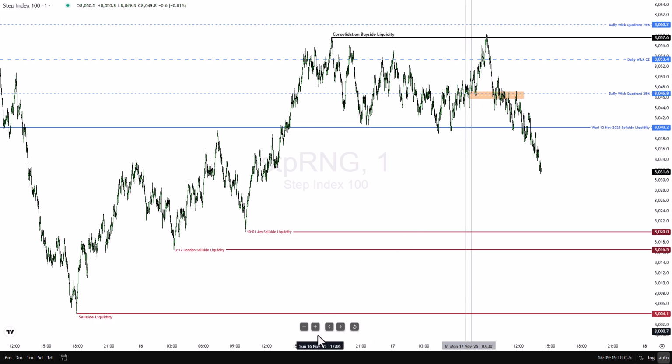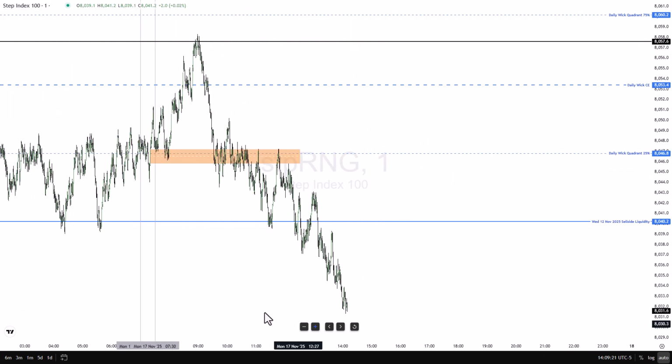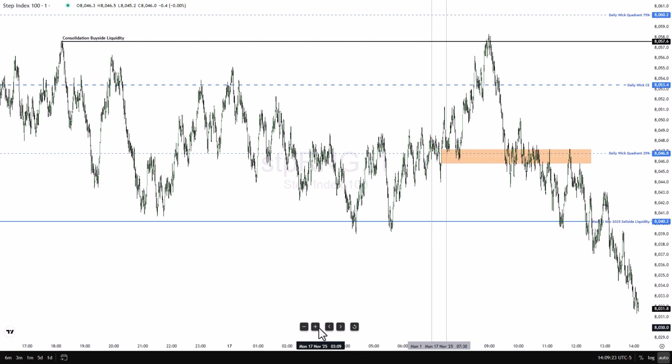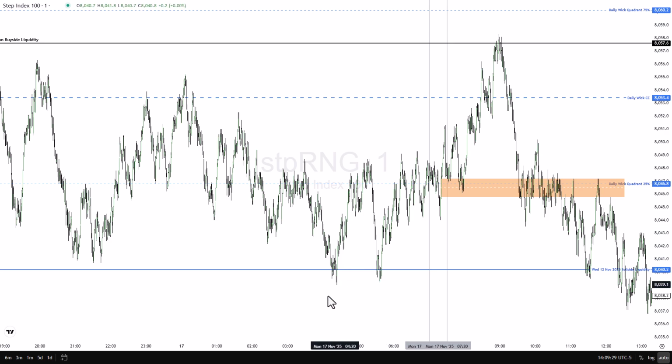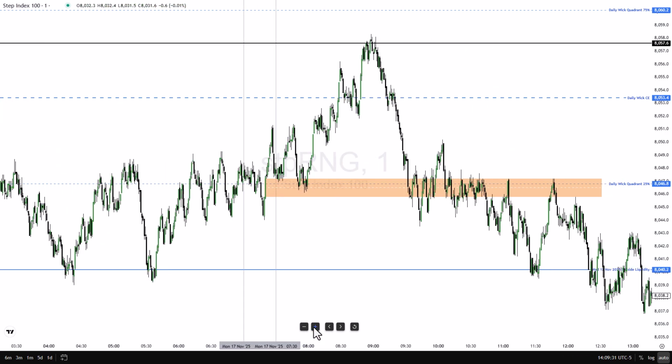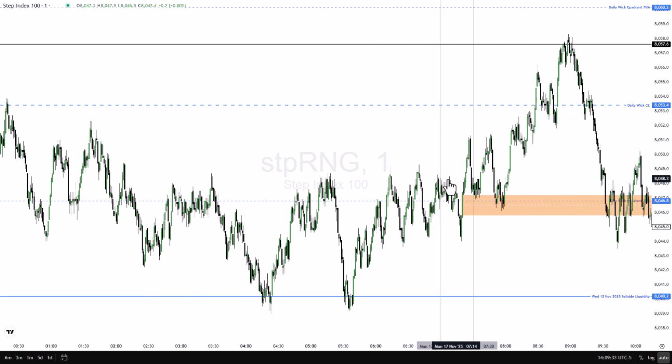Let us zoom in a little bit, right? So we have the consolidation. It is rather ugly, hence why I wait for these specific key times of the day. So here is our New York session, opening range 7 o'clock to 7:30.